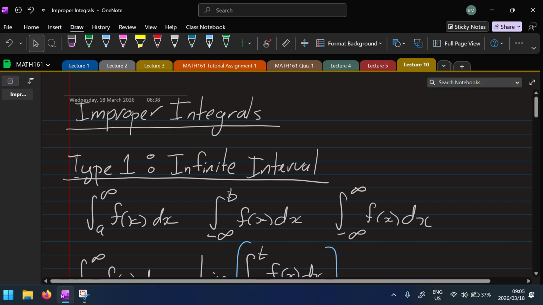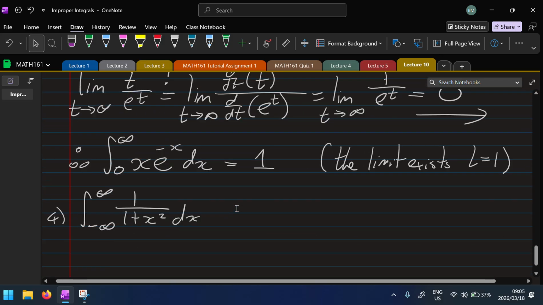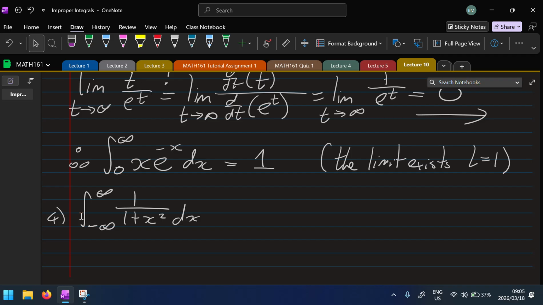So we're going to split it up, do them separately, and then add the results together. The problem is, with both of them being infinite, you can't say that the top is t and the bottom is minus t, that doesn't work. So we need to split it into two problems separately.